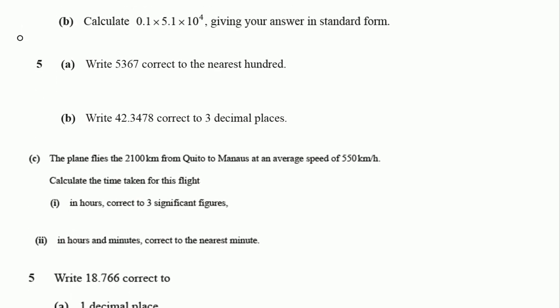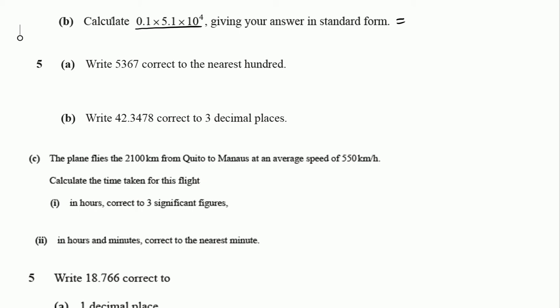I'm now asked to calculate 0.1 times 5.1 times 10 to the 4, giving my answer in standard form. Now, one of the most straightforward ways to do this is simply to type this straight into your calculator as it appears on the page. If I do that, I get 5,100.